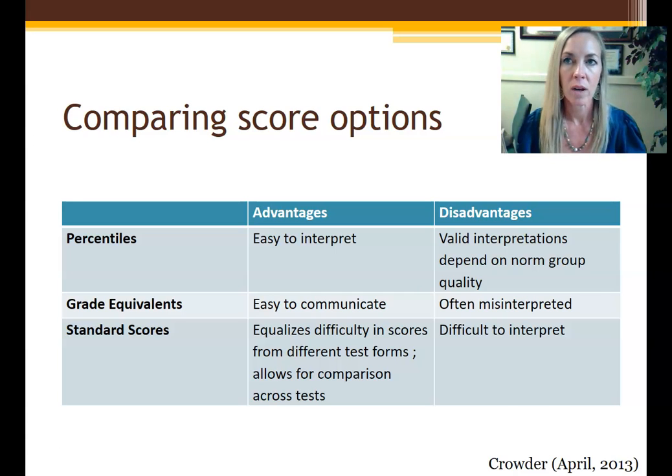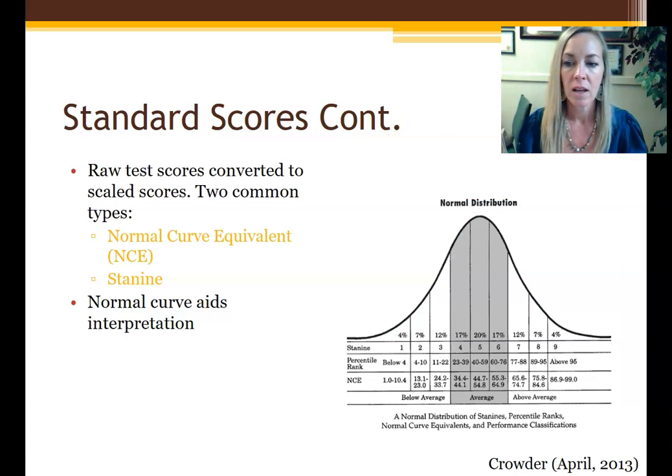A standard score with a mean of 100 has a standard deviation of 15. So you would expect someone to fall within 15 points below or 15 points above, so an 85 to a 115 would be average. If you have a T-scale where the mean is 50, you have a standard deviation of 10. So a score of 40 to 60 would be average.